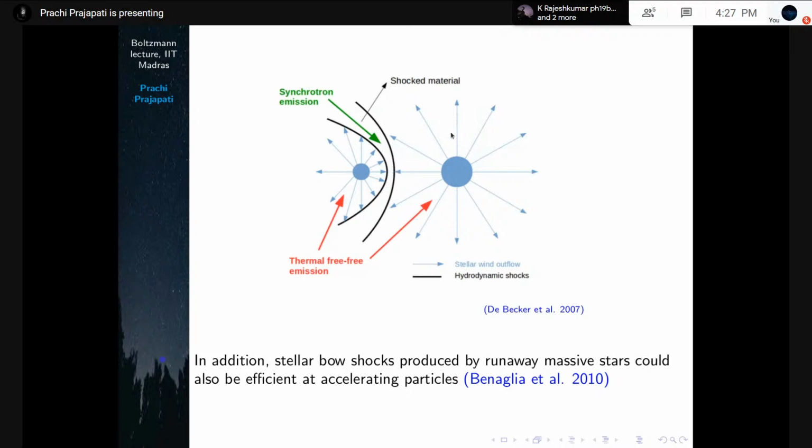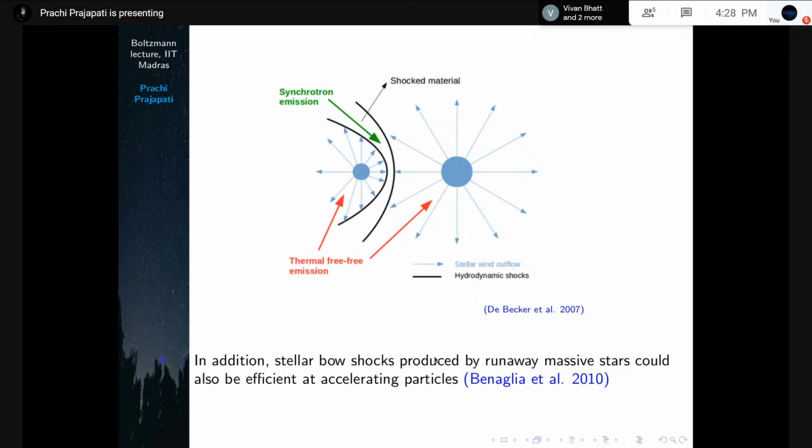So this is the scenario where massive stars are in a binary system. In addition to this scenario, we also see stellar bow shocks. These have a bow-shaped shock front, and are generally seen in cases where the massive star is a runaway massive star.